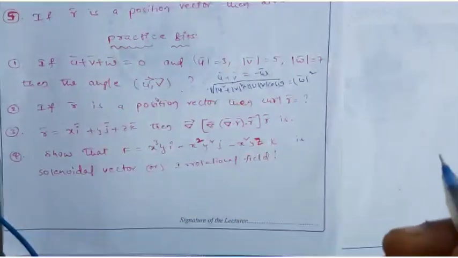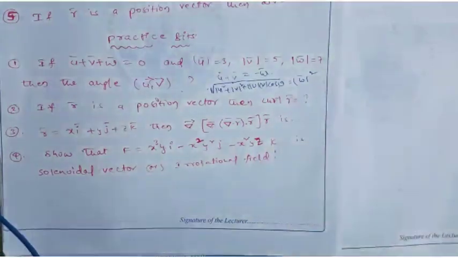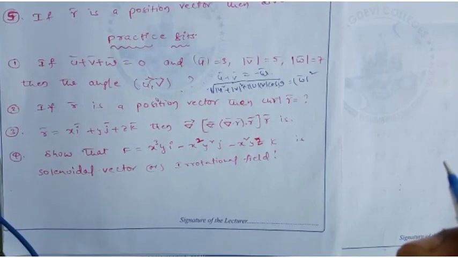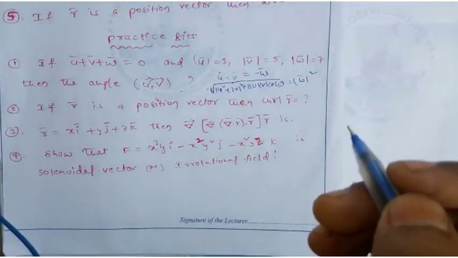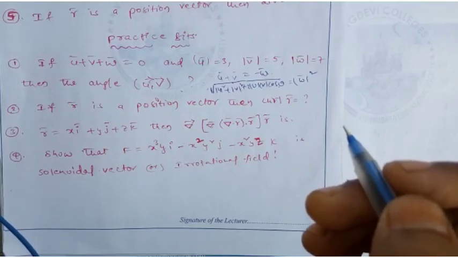And if r is the position vector, then find curl of r. Here r is the position vector, that is xi plus yj plus zk. Apply curl to it, do the cross product, you will get the answer. You will get it as 0.